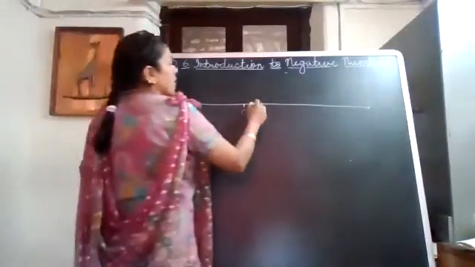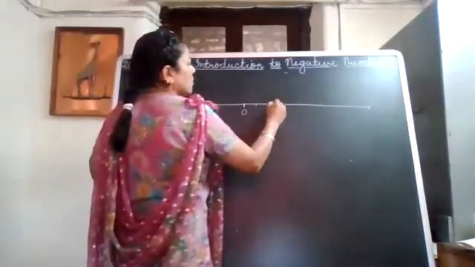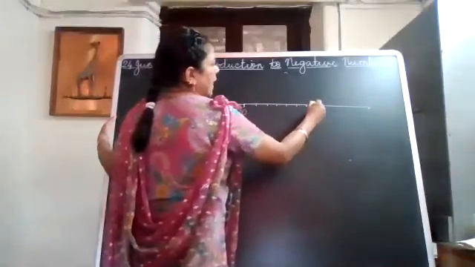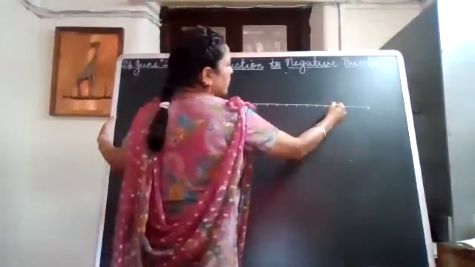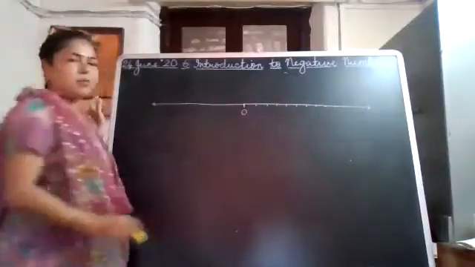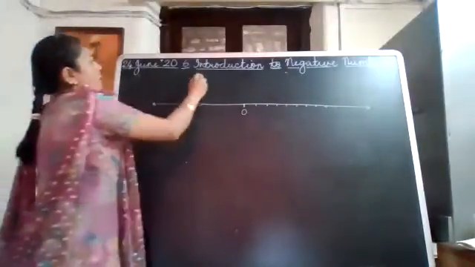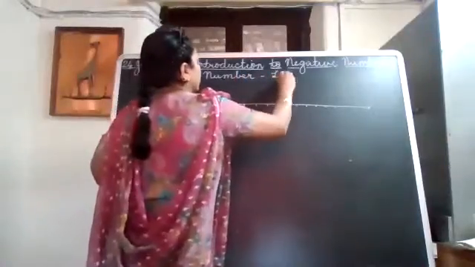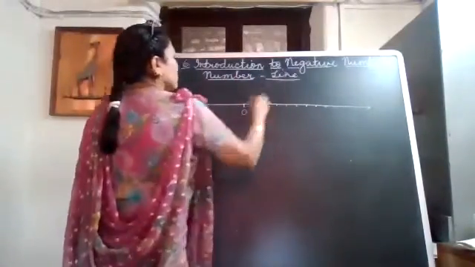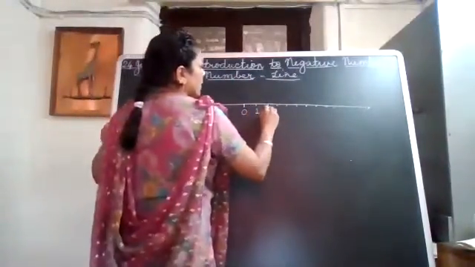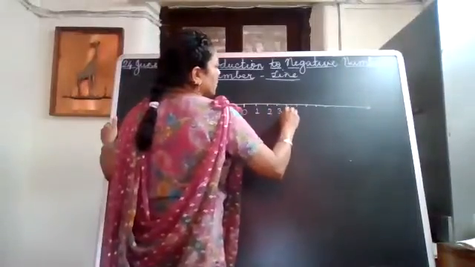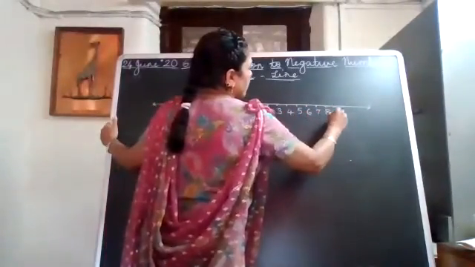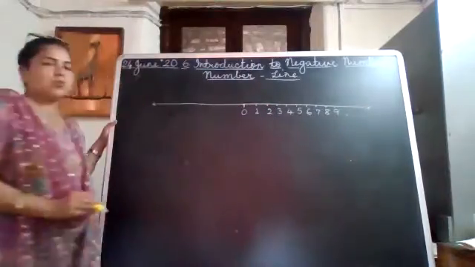And as we keep going towards the right from 0, at an equal distance between them, there are different points. I'm drawing a number line. These points, you will number as 1, 2, 3, 4, 5, 6, 7, 8, 9, and so on.